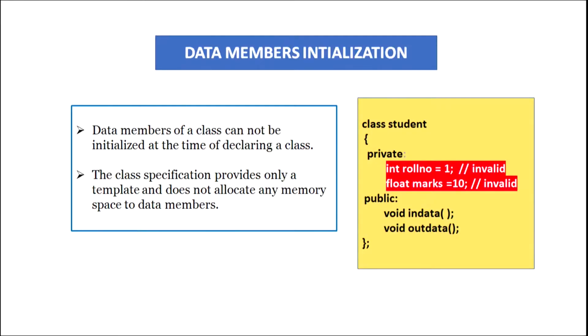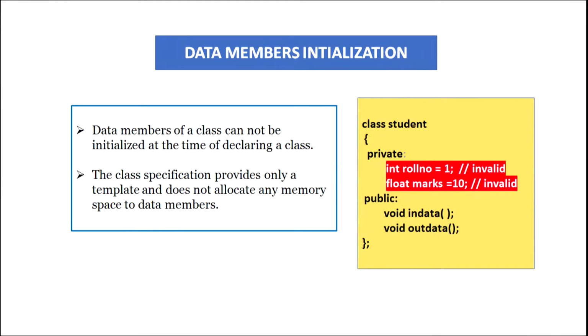But the problem with the class is that at the time of declaring a class, we cannot assign any initial value to its data members, as the class specification only provides a template and does not allocate any memory space to the data members. The necessary memory space is allocated to data members only when the object of the class is created.